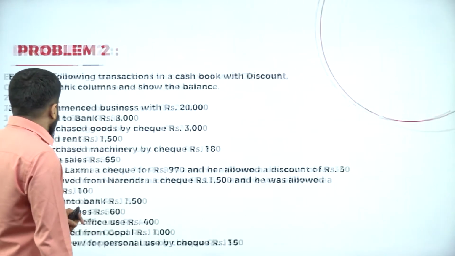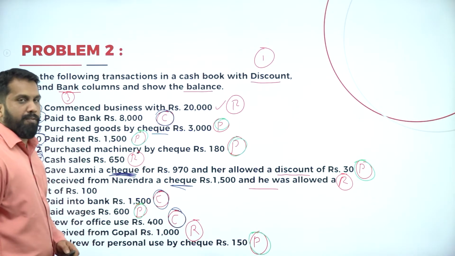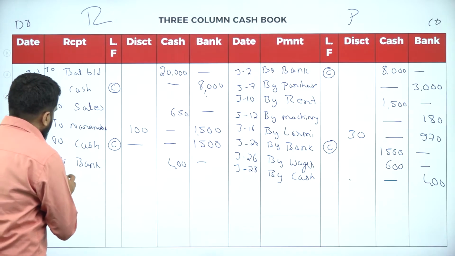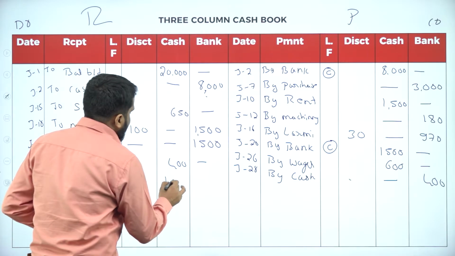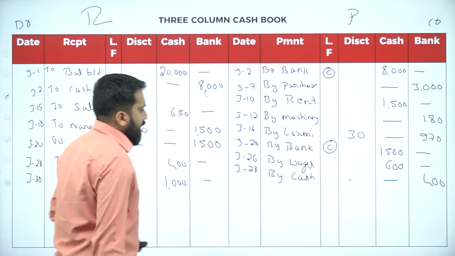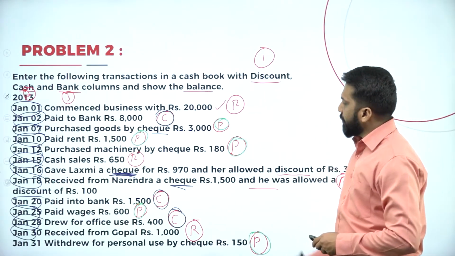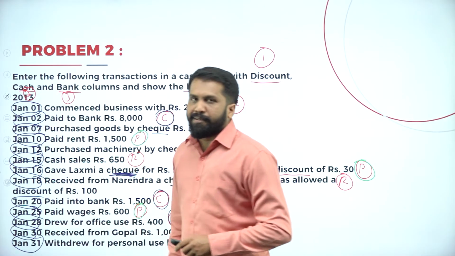Now, last two, January 30th, received from Gopal 1000. Jan 30th, to Gopal, so 1000. This is done to Gopal, it is 1000. What is the next one? The last one is Jan 31st.